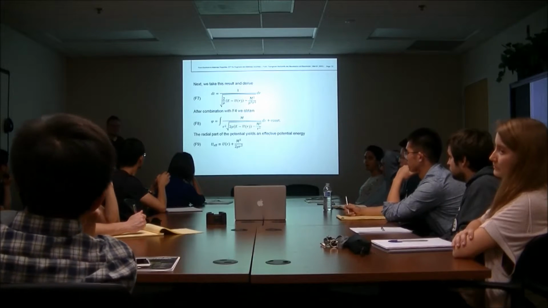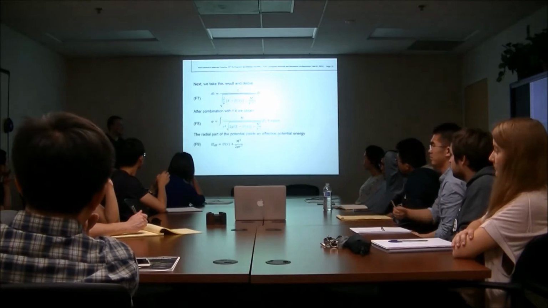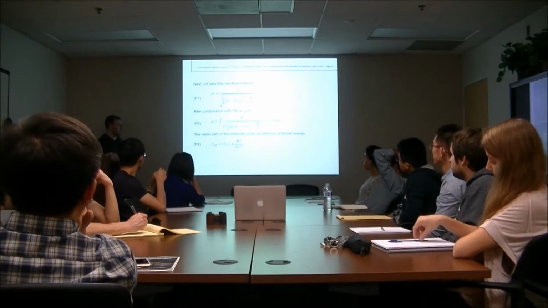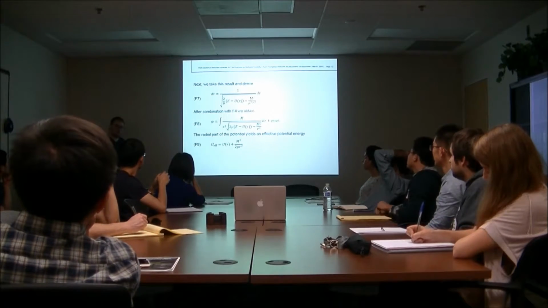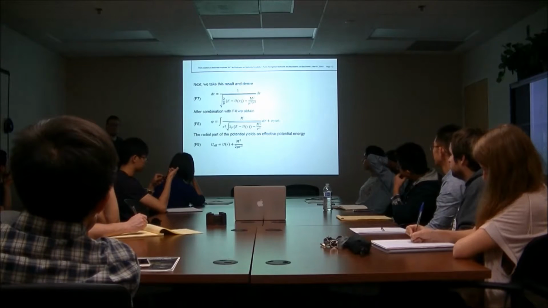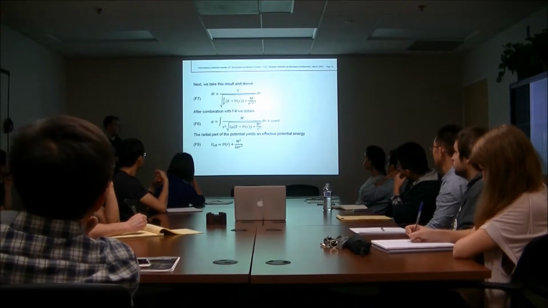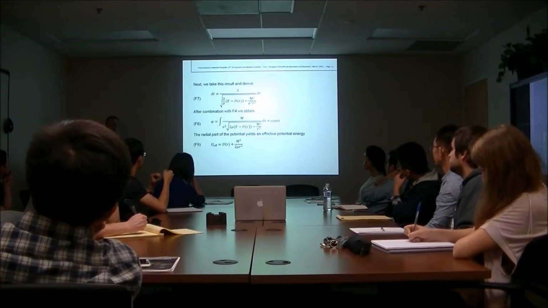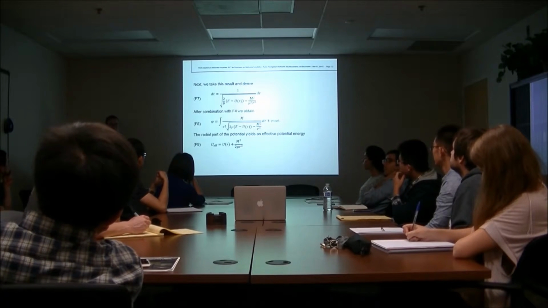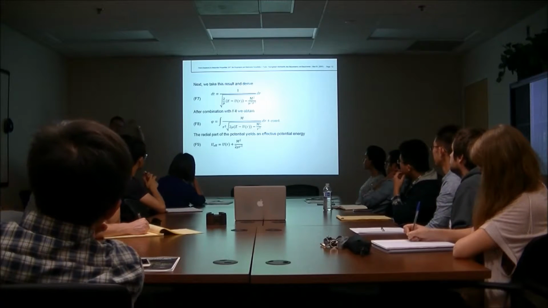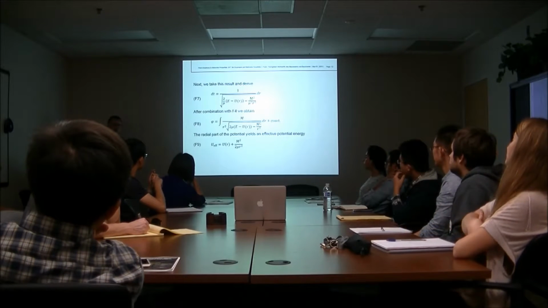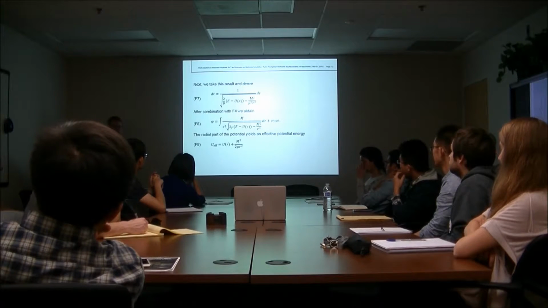But that's under the assumption that m must be a constant. Yes, this only works if m is constant. So without conservation of angular momentum, we could not do this. But here this is constant, so r is the only variable which is left. And then we can say it is some kind of effective potential, what the particle is feeling when it is moving in orbit or whatever it is.